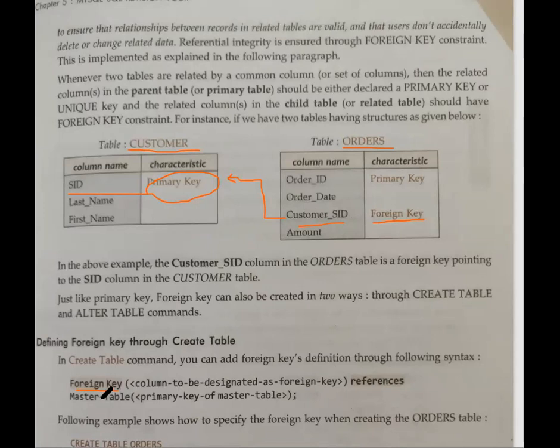Then the master table, that is the primary table, and inside that the column of the primary key. So in this case, we will write foreign key, our column is customer SID, references, master table is customer, and then within brackets SID. This is how we are going to make this a foreign key.